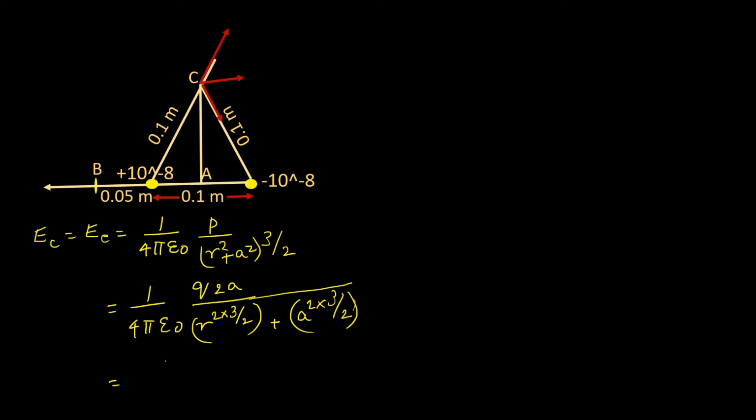This further becomes 1 by 4 pi epsilon naught Q2A by R raised to 3 plus A raised to 3.